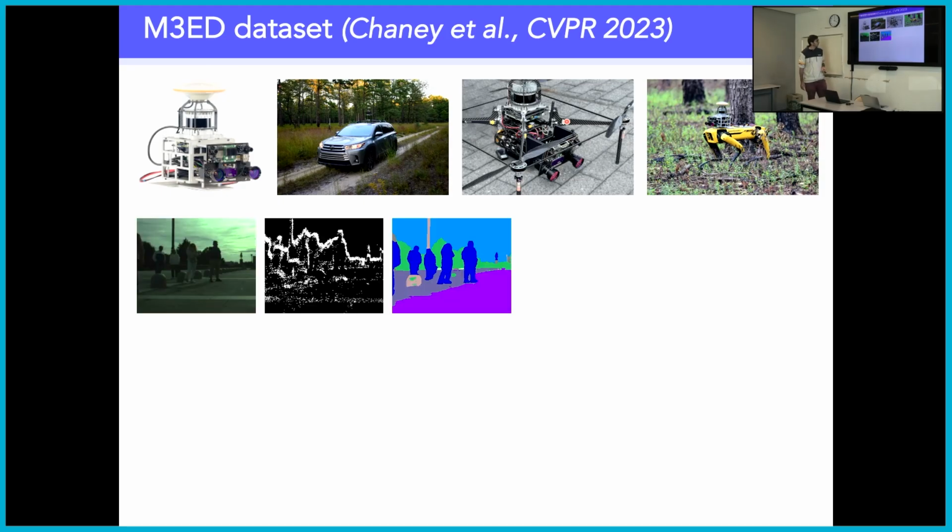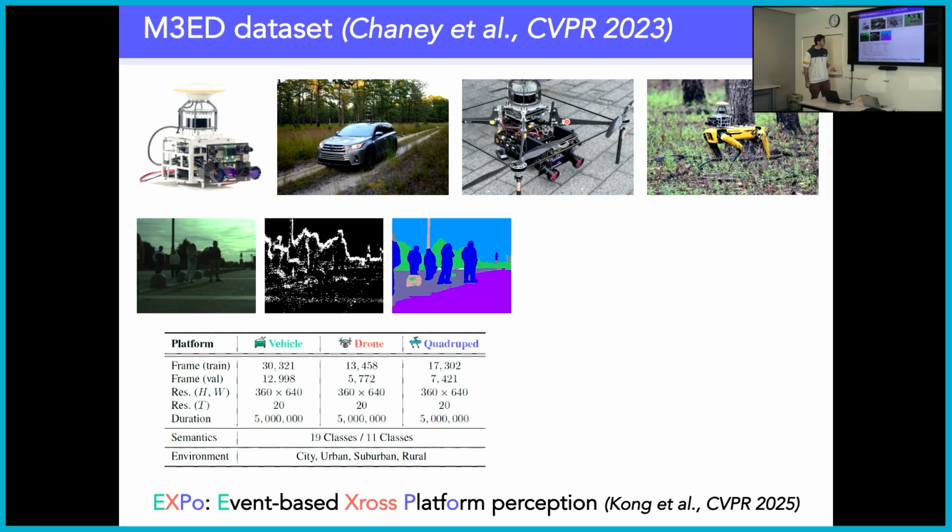They collected RGB data and also event-based data. What we did here was to extract the semantic labels from the RGB data. So this is what you can see here. We extracted from this dataset a new dataset that we called EXPO, event-based cross-platform perception.